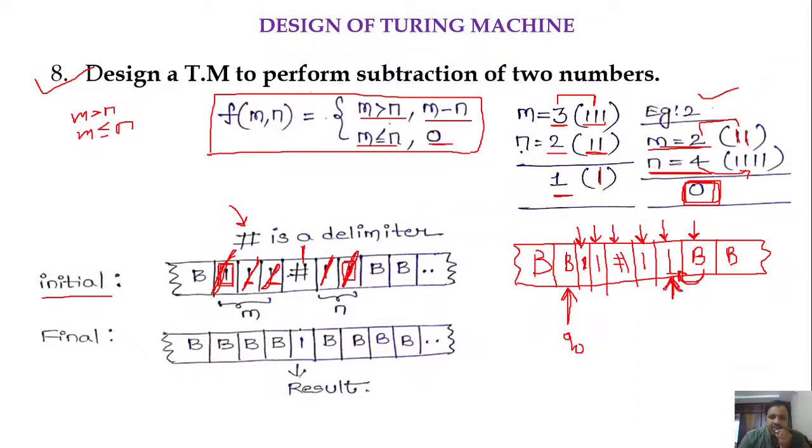We replace that 1 with a blank and move the head towards left. Here we have to move the head towards left until we get a blank. While moving the head towards left, keep those ones as they are, hash as it is.